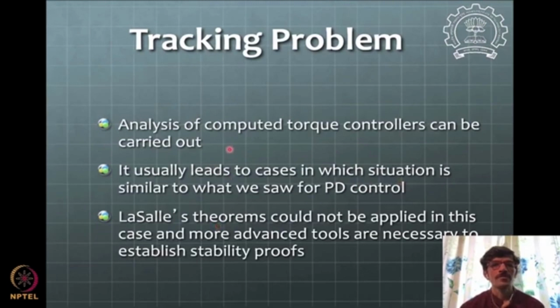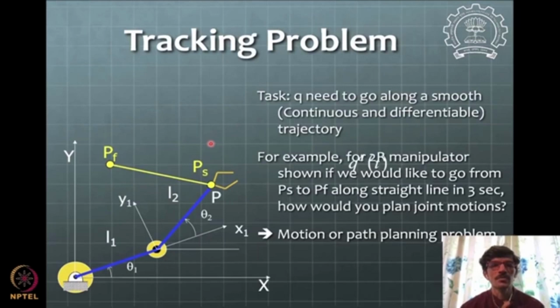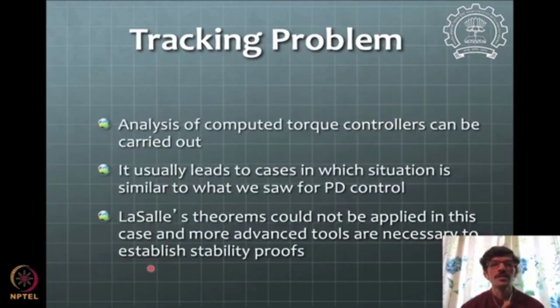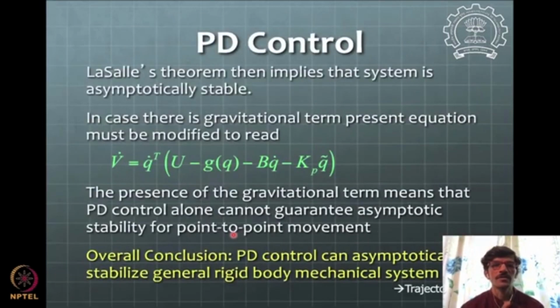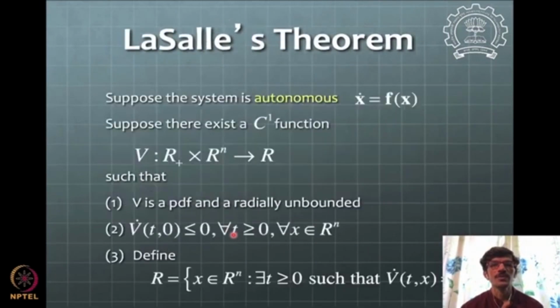So the computed torque controller is one of the ideas that can be used. This computed torque is basically an idea where you know the trajectory, you know the joint angles and their derivatives. So the desired joint angles are known, the desired joint angle derivatives are known, and one can use those in this equation of dynamics.